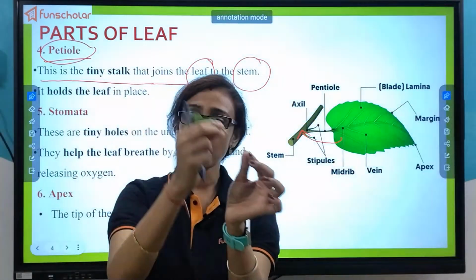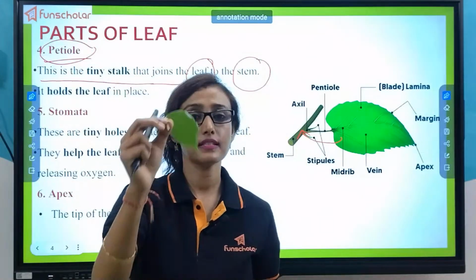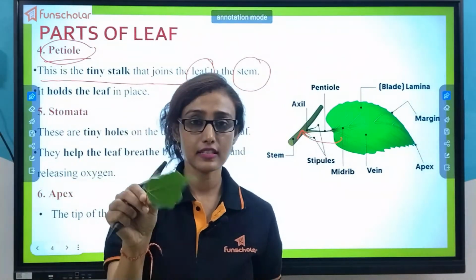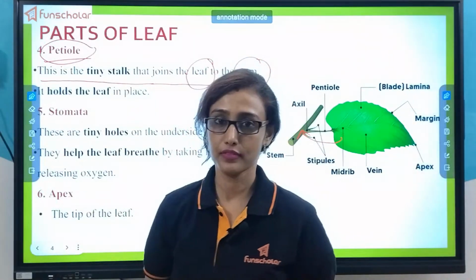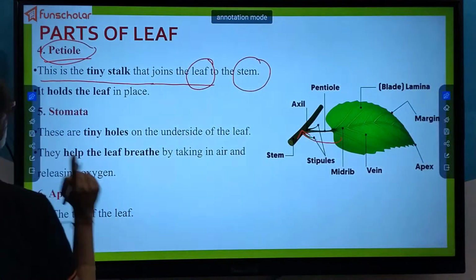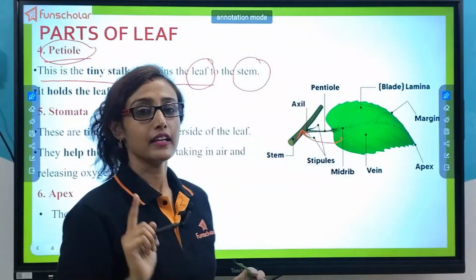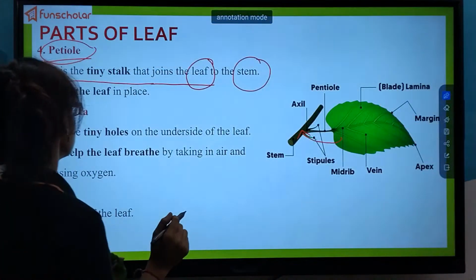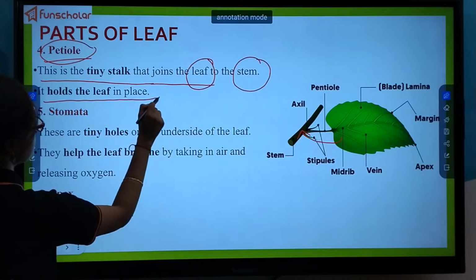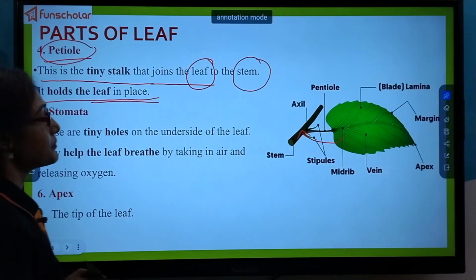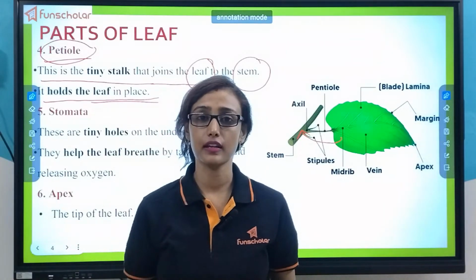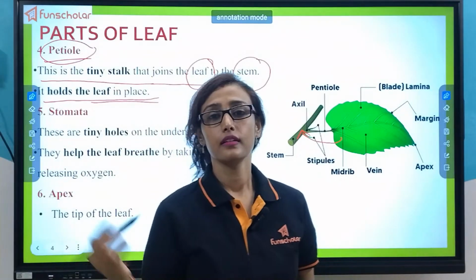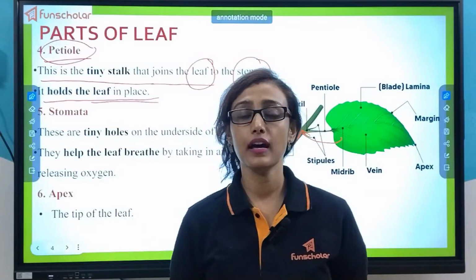I plucked the leaf from the stem, detaching it from the stem, so that I can show you the structure of the leaf. Okay? But you will not do this. It is bad to destroy nature. It holds the leaf in the place. Sometimes during storm, you can see many leaves are being fallen on the ground. Why? Because the leaf gets detached from the stalk.